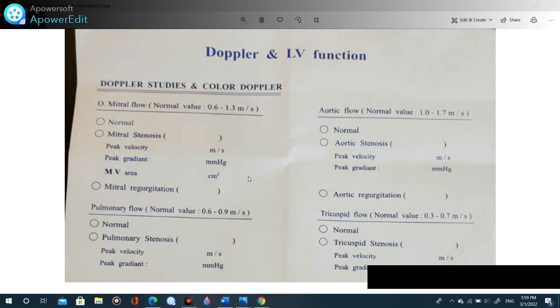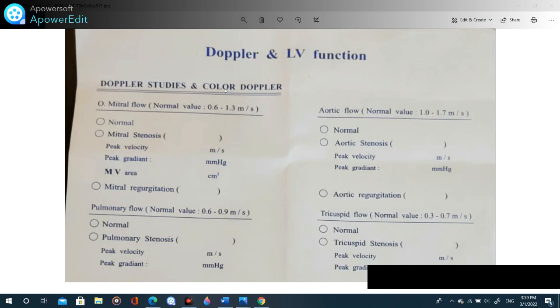In the previous video, I explained two-dimensional echocardiography and the report of echocardiography. In this video, I want to explain Doppler and LV function of echocardiography.